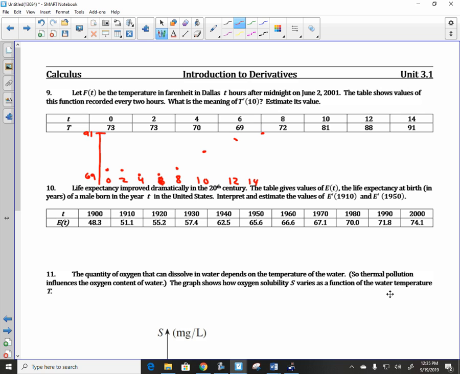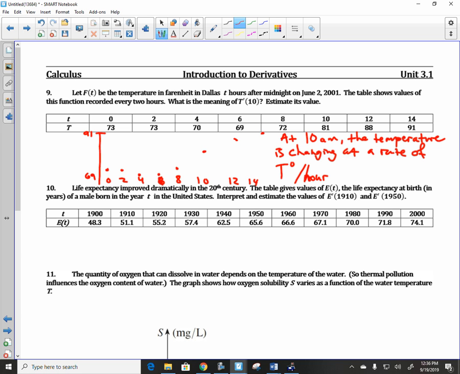Well, first of all, T prime of 10 means, well, if it's 10 hours after midnight, what time is it? At 10 a.m., the temperature is changing at a rate of T degrees per hour.